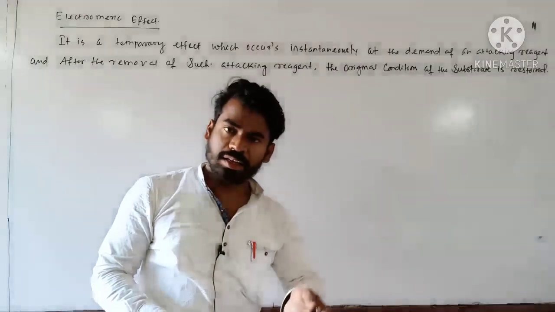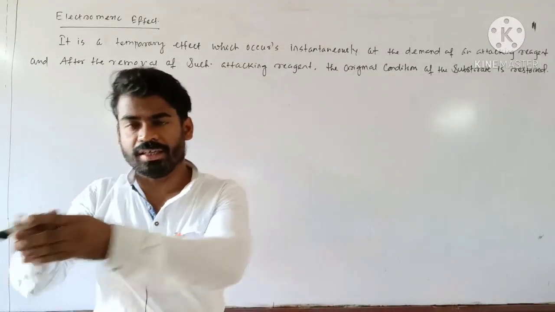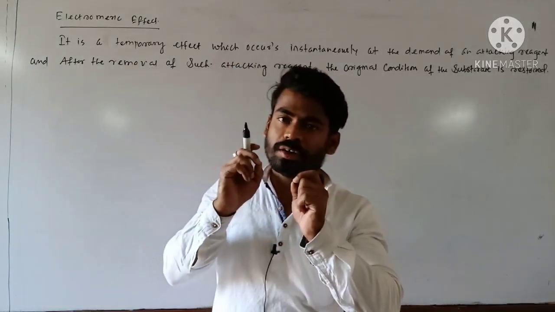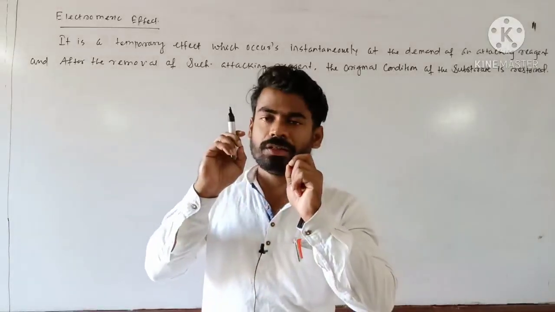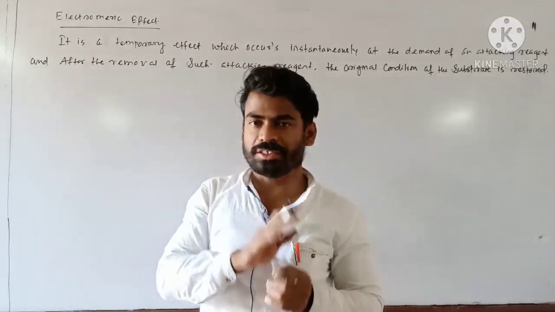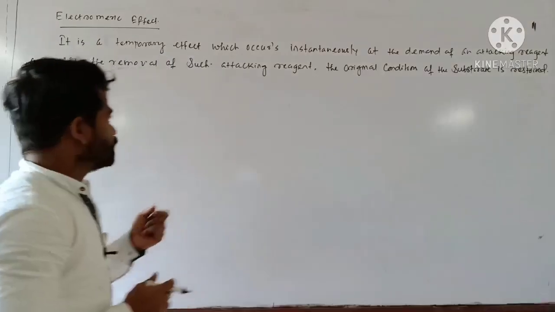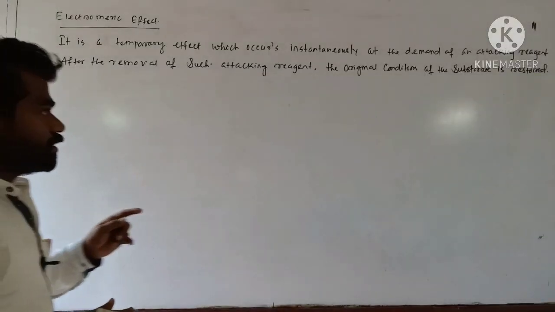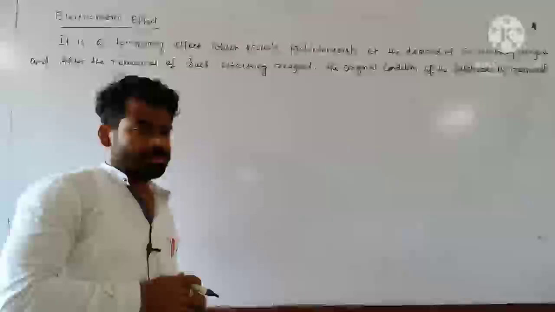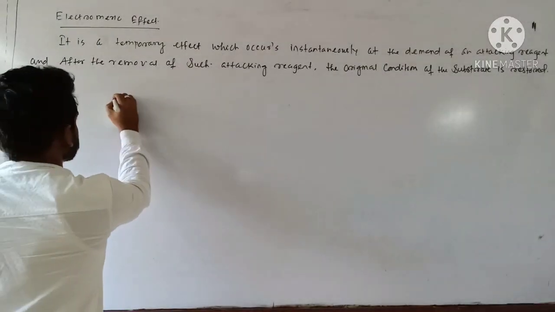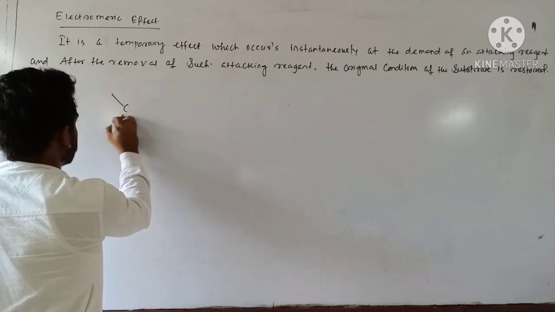Whenever the attacking reagent is again separated, the original condition, the original system, remains as such. System means the substrate. So let us define a multiple bonding system. Let's say one alkene I am considering over here, with a carbon double bond.